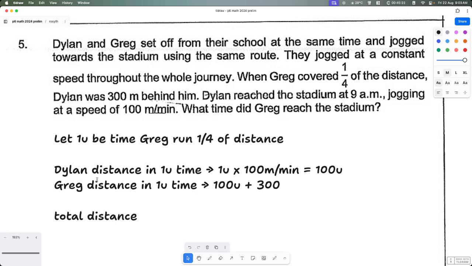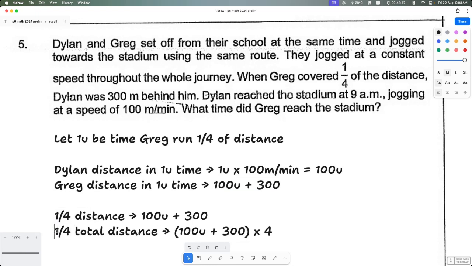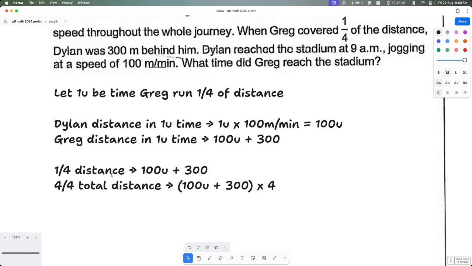So total distance, since Greg is able to run 1/4 of the distance, means total distance is equal to 100 units plus 300, and then times 4. Basically, 1 out of 4 distance is Greg's distance, which is 100 units plus 300. Then 4 out of 4, the total distance, is 100 units plus 300 times 4, which is equal to 400 units plus 1200.